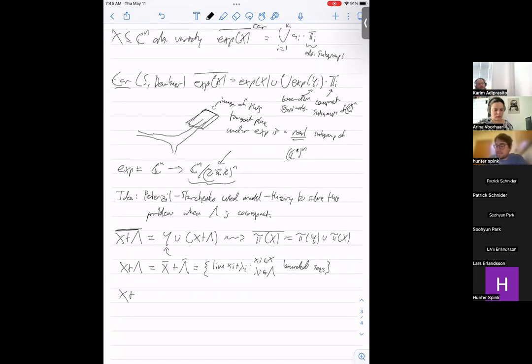Now I'm going to write down the definition of the closure of X plus lambda, which will make it clear why I bothered. The closure of X plus lambda is the set of all limit points of x_i plus lambda_i, where x_i in X and lambda_i in lambda are arbitrary sequences.